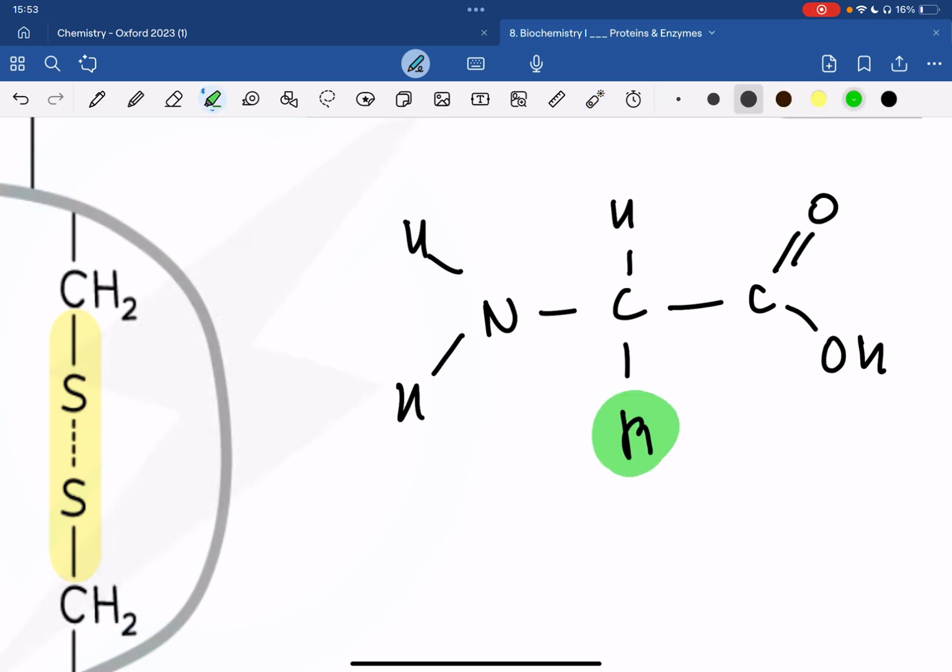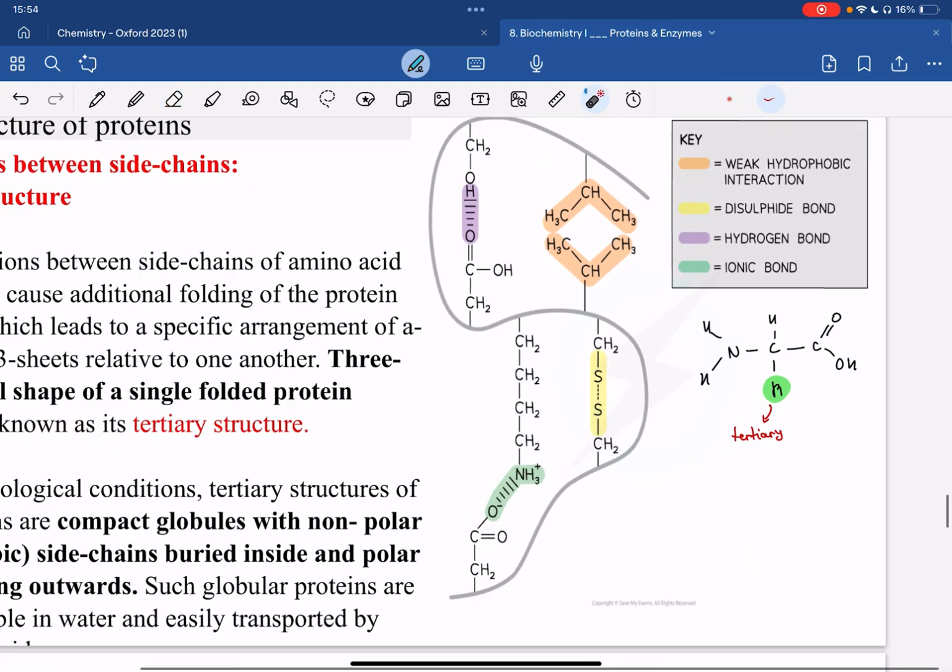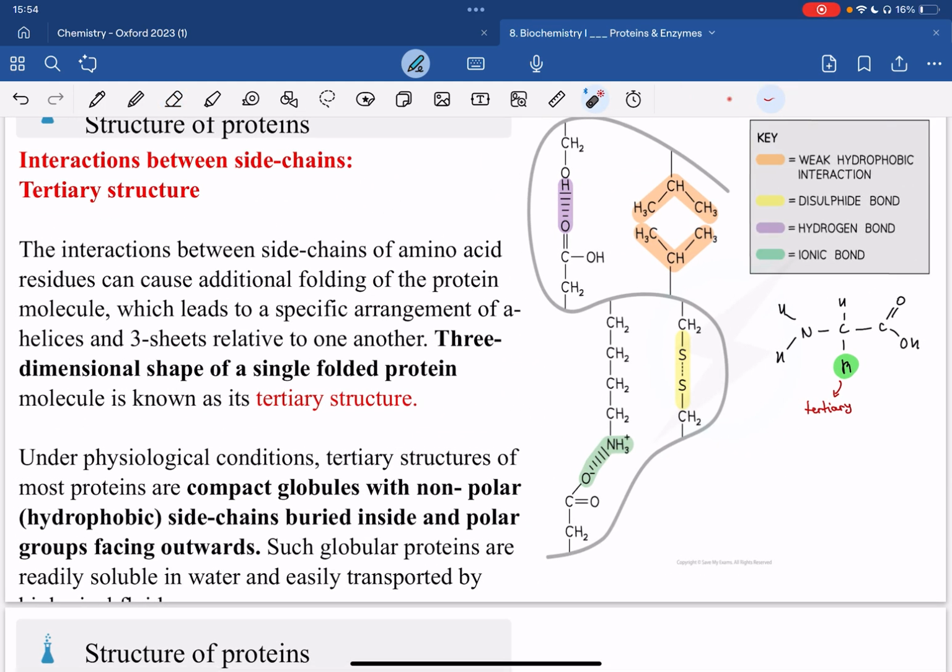We have different amino acids with different side chains, and tertiary structure is because of these side chains. Don't forget that. We can have hydrogen bonding, weak hydrophobic interaction, disulfide bonding, or ionic bonding between side chains, which further folds and changes the structure of the protein.